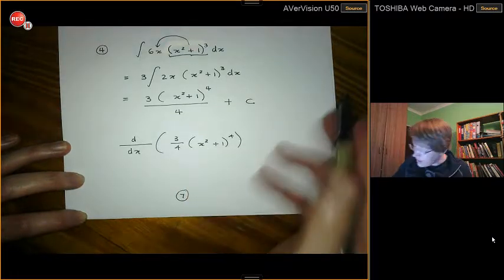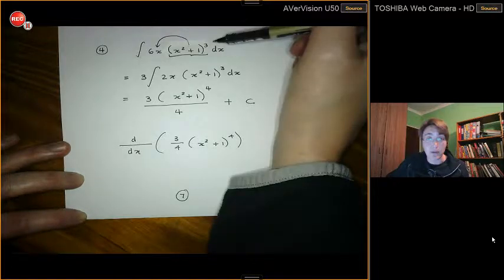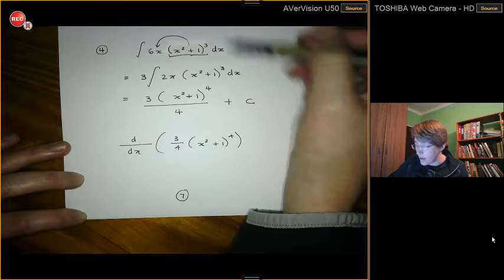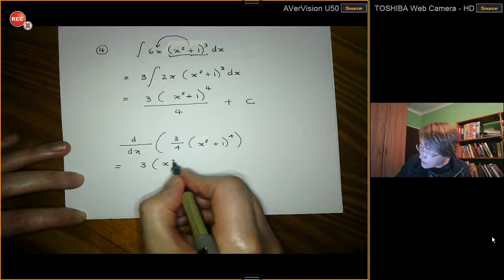Then the derivative of that should be the original sum, because remember it's anti-differentiation when I integrate. So if I find the derivative of that using the chain rule, I go 4 times 3 over 4. The 4 divides by the 4, so I've got 3 left. And then inside is just going to be x squared plus 1, because remember I don't touch the inside initially. That becomes 1 less, so that's to the power of 3.